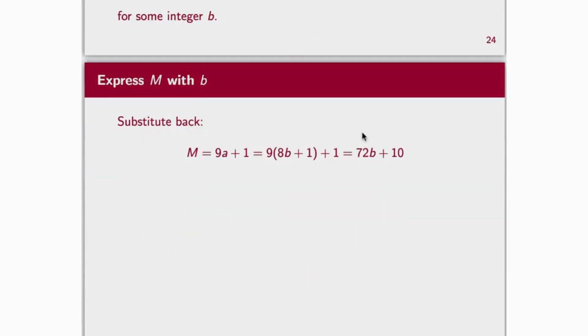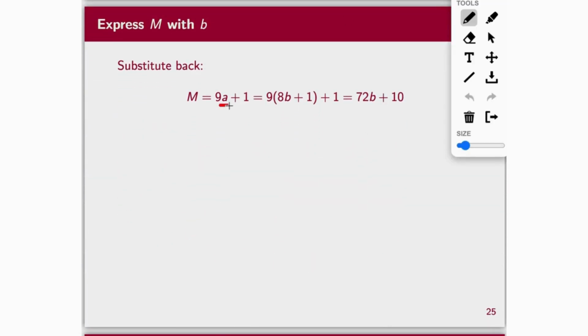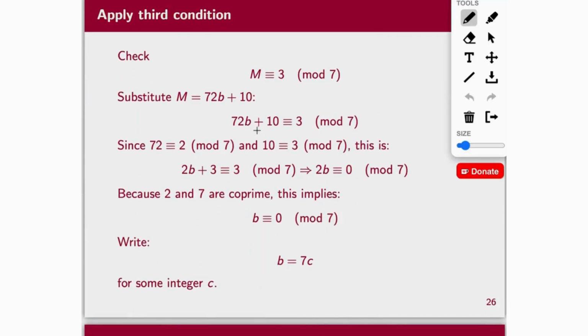On to the next condition. We substitute it back in because now we know what A is: 8B plus 1, which gets us to M is equal to 72B plus 10. Okay, third condition. We set it up just like so, and we notice that 72 and 10 can be simplified. 72 mod 7 is 2, 10 mod 7 is 3.